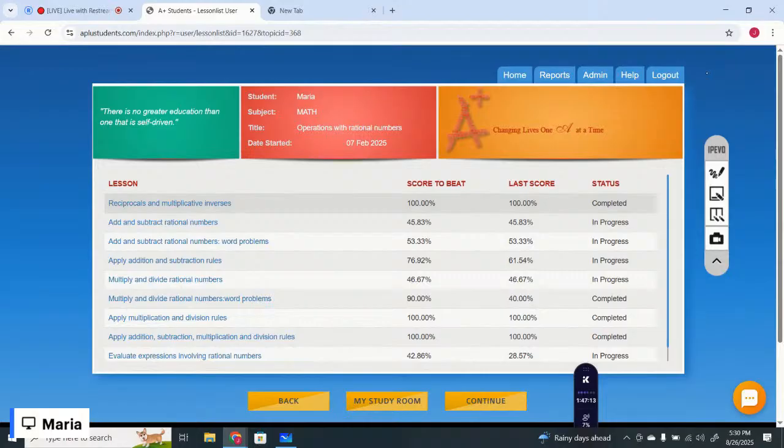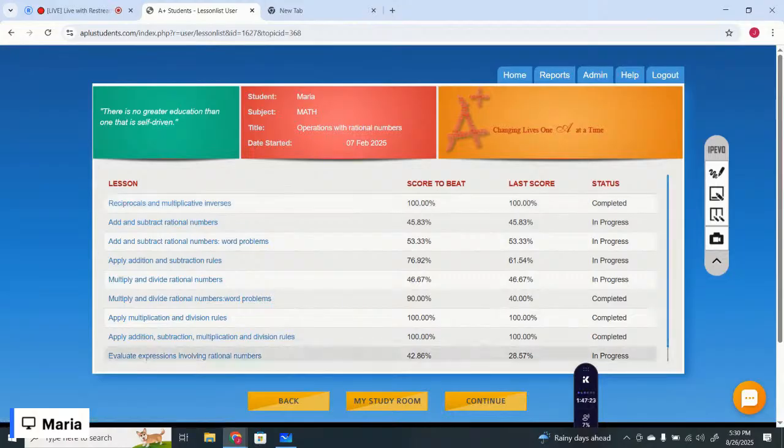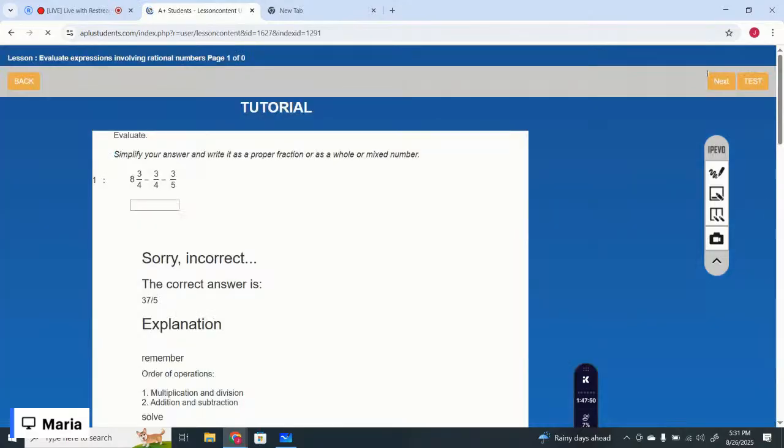The next lesson is evaluate expressions involving rational numbers. 8 whole 3 by 4 minus 3 by 5.